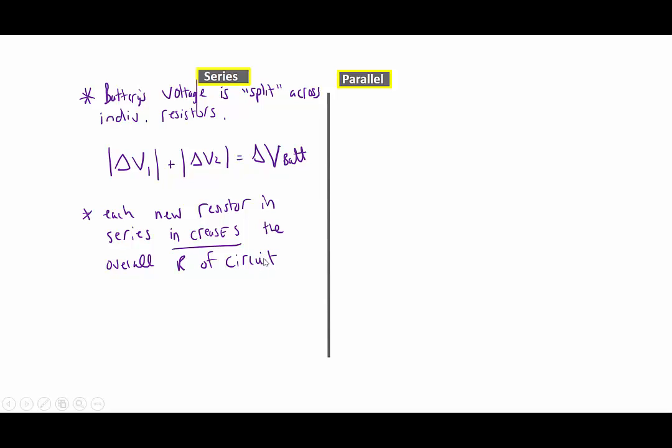In other words, the more resistors you add in a row, the more stoplights you add on your way home, the flow is going to decrease, because overall I is decreasing. As I added more resistors, the overall current was decreasing. That meant that each new resistor you added in series was increasing the overall resistance of the circuit.